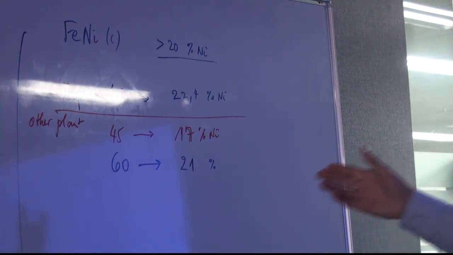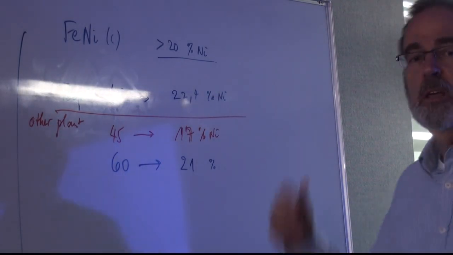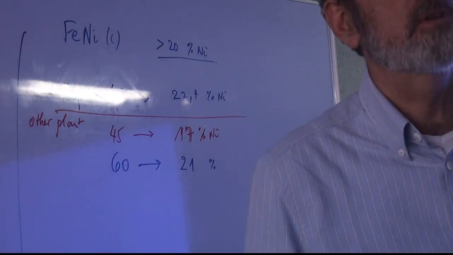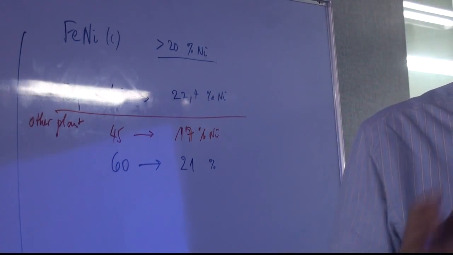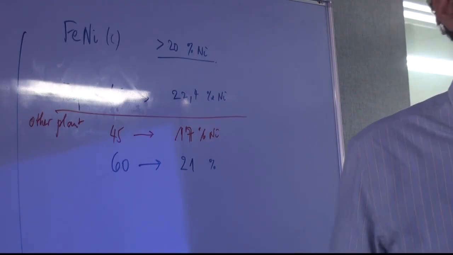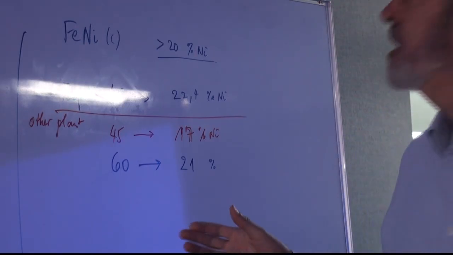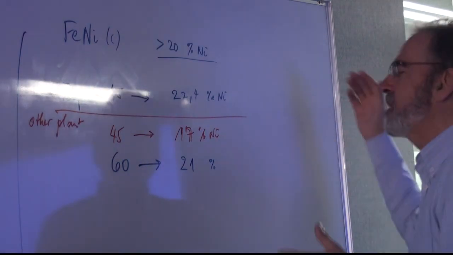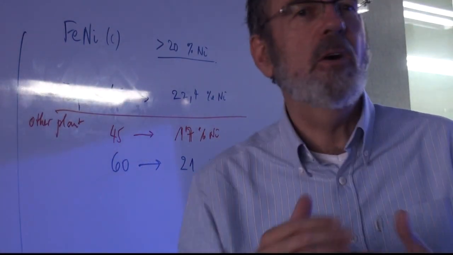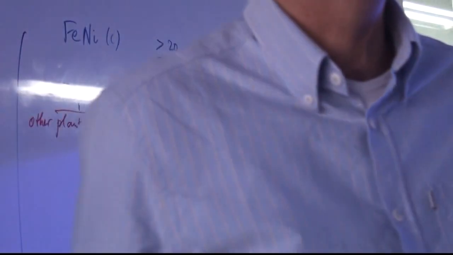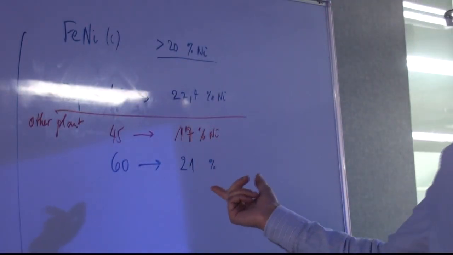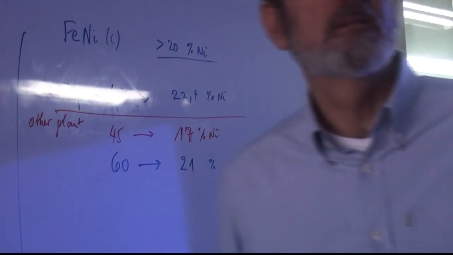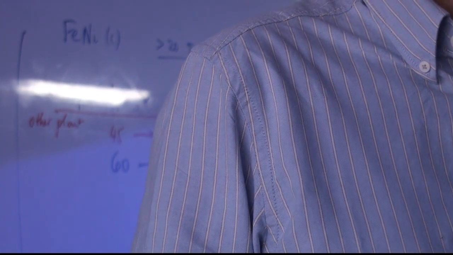The objective is not a yield, the objective is a ferronickel product with more than 20%, but okay, it may be 21 or 22 or 25, depending on the customer's requirement, but never less than 20. You understand?